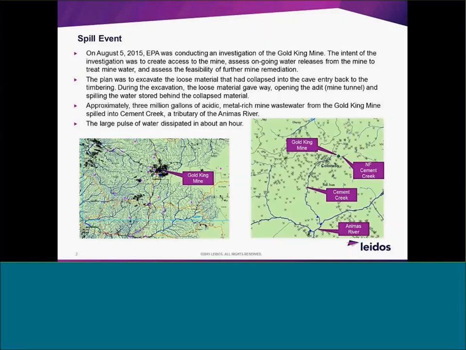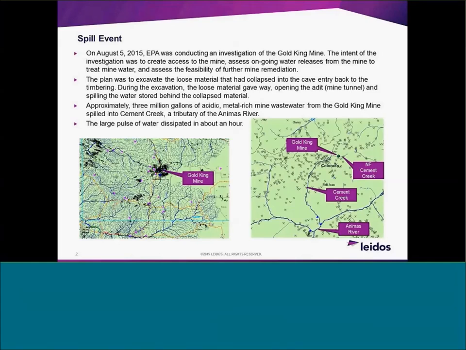As a result of the excavation of the mine, the entry point had collapsed, and a large pulse of contaminated metal-rich mine wastewater spilled into the North Fork of the Cement Creek, which is a tributary to the Animas River. And it was a very quick release, about 3 million gallons of water spilled in about 1 hour.